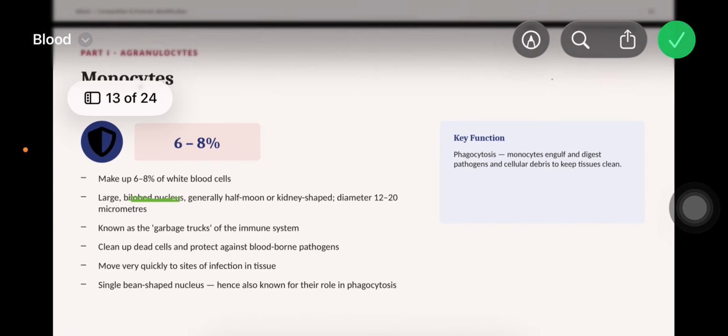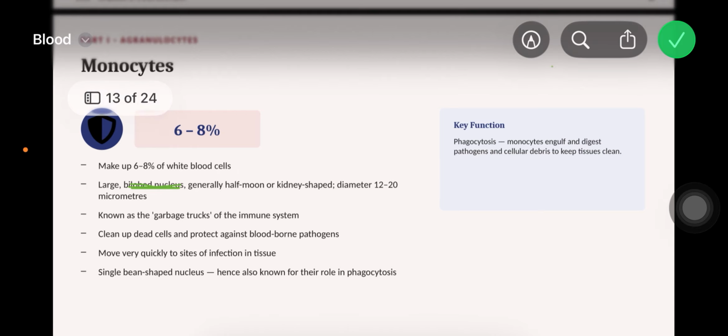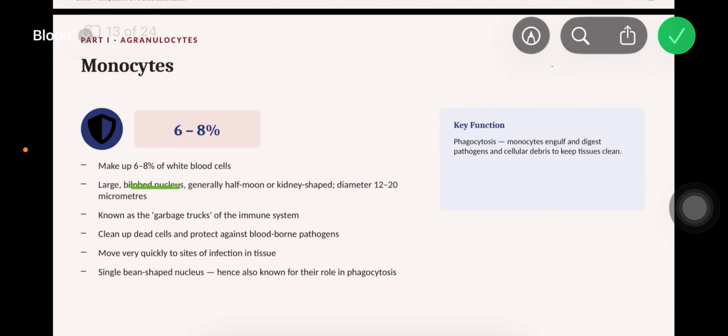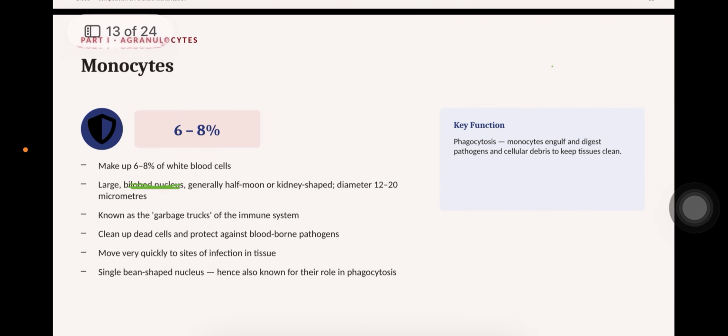Now coming back to monocytes, they are known as the garbage trucks of immune system. They clean up dead cells and protect against blood-borne pathogens. They move very quickly to site of infection and tissues, and they remove the dead cells, the dead bacteria, the damaged tissue before that healing begins.